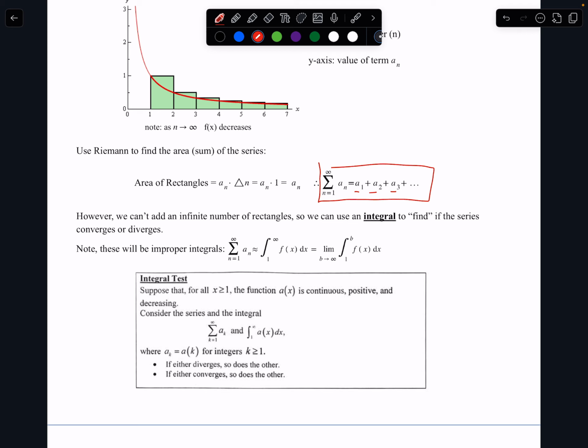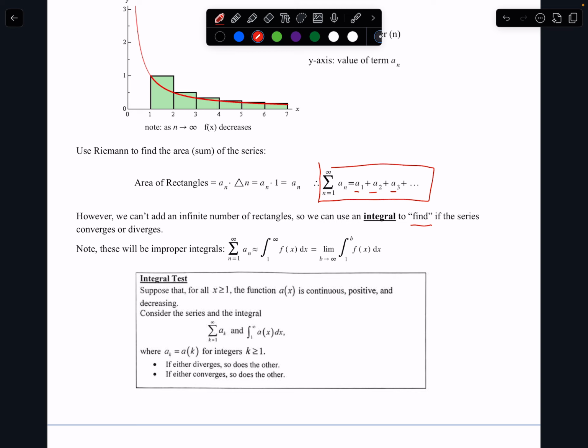So instead, we're going to use an integral to tell us if the series converges or diverges. We know from our last unit that we can use improper integrals to find out what happens as the number of terms goes to infinity. So note, again, these are going to be improper.